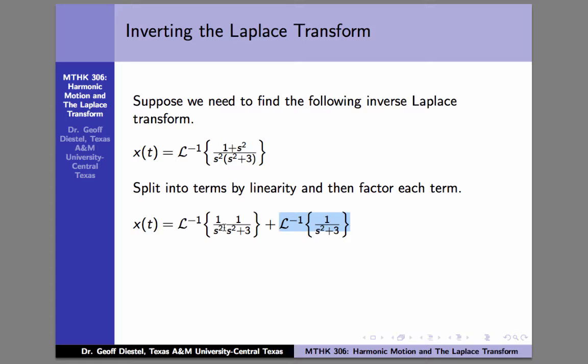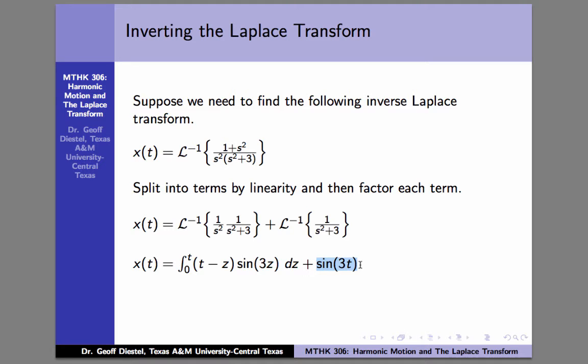That's t from our power function formula. And what's the inverse Laplace transform of 1 over s squared plus 3? Well, again, it's a sine or cosine. I forget. I got to look it up. So I looked it up, it's a sine. The inverse Laplace transform of 1 over s squared plus 3 is sine of 3t.